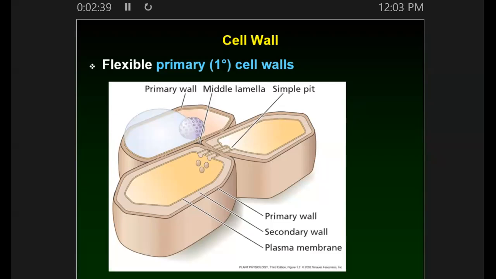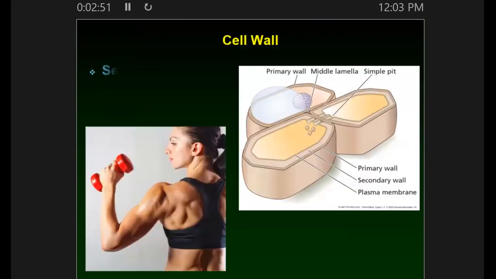It has mostly cellulose as its component, but we learned last time that there's other things in there like pectin and hemicellulose, glycoproteins. With the secondary cell wall, that is stronger than the primary cell wall. It's thicker than the primary cell wall.